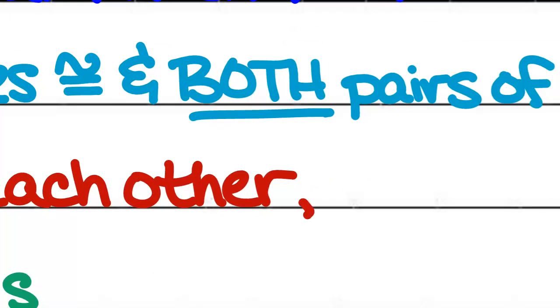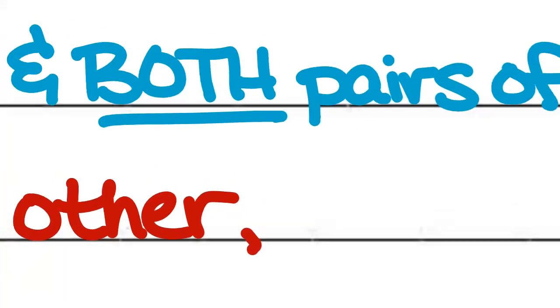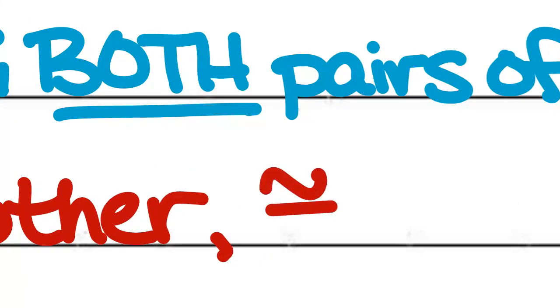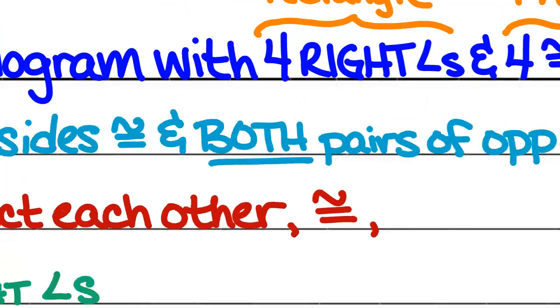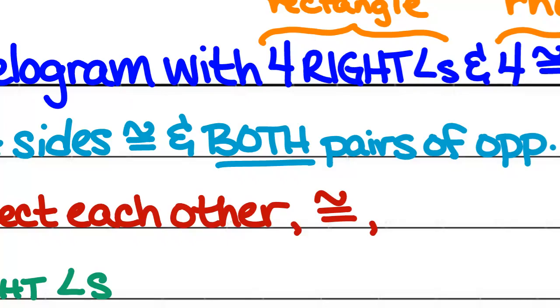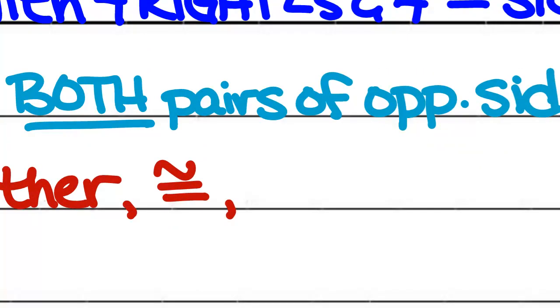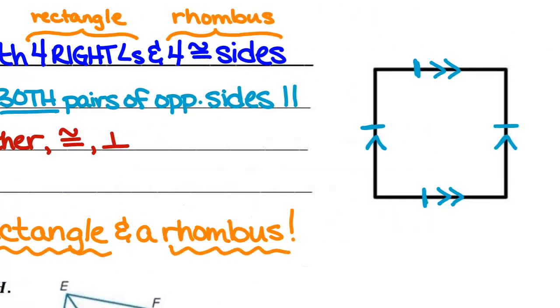What else do we know about the diagonals of either a rectangle or a rhombus? In a rectangle, they're congruent, so here they would also be congruent. What about with a rhombus? What happens where the diagonals cross each other? Makes a right angle, so they are congruent and perpendicular, and they bisect each other.